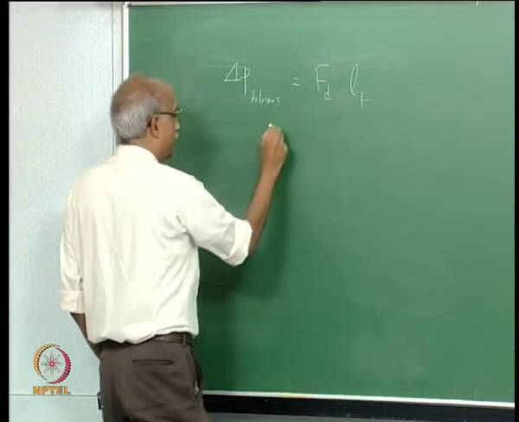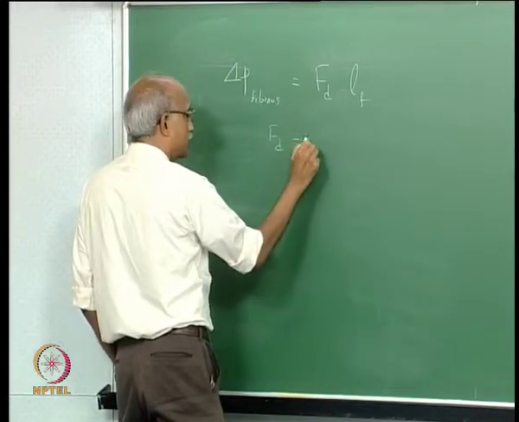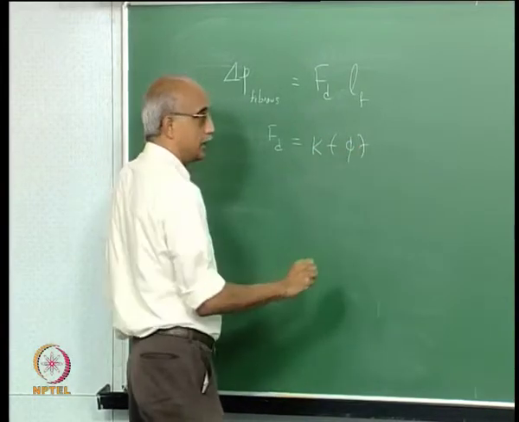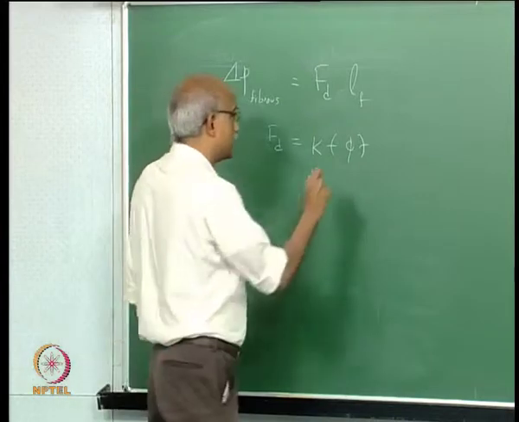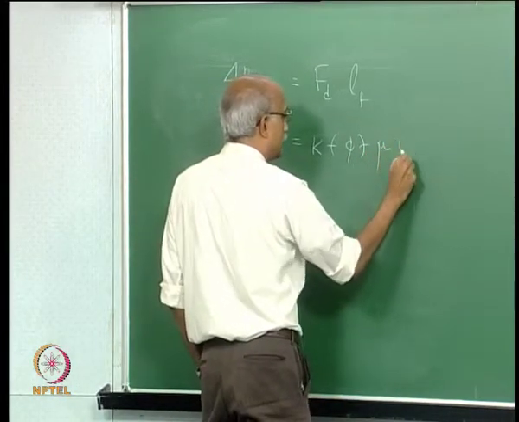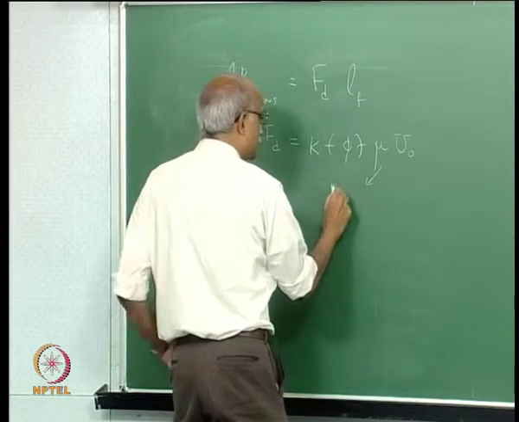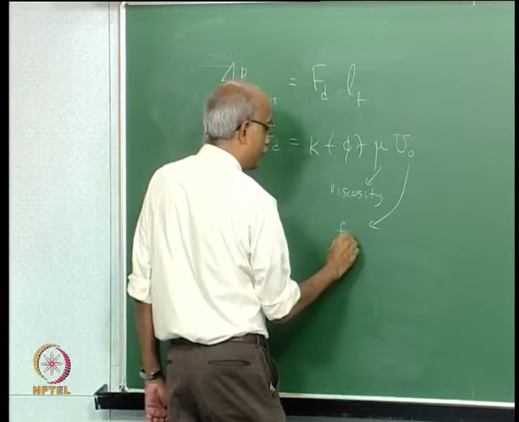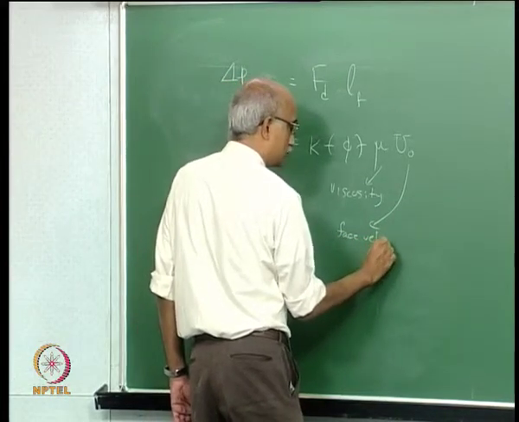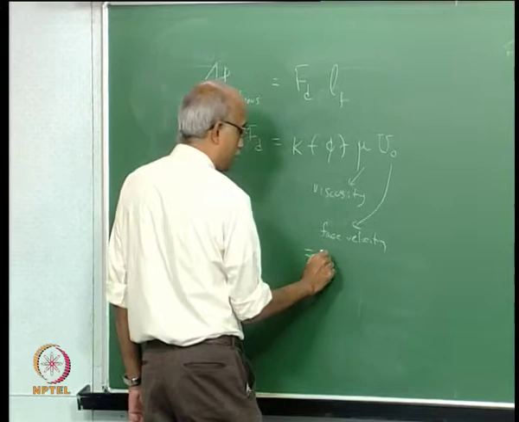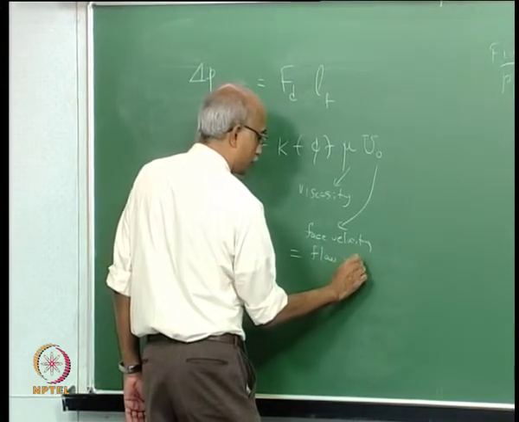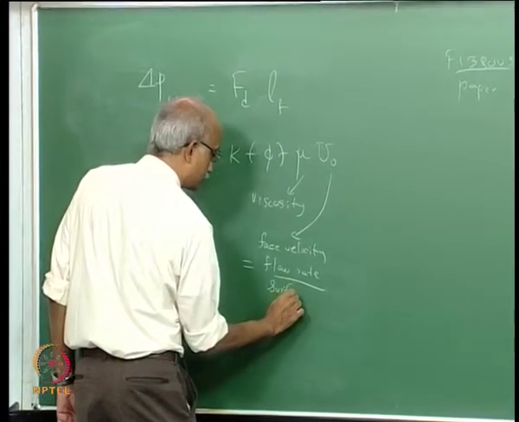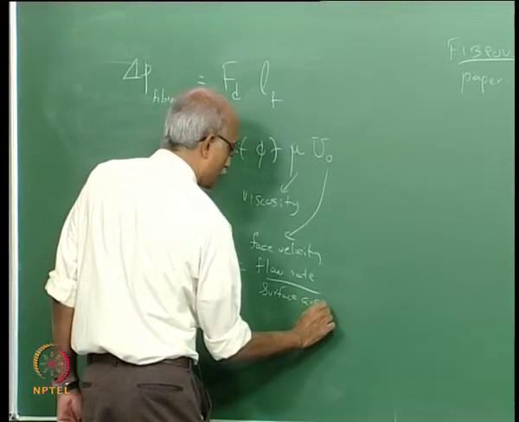Now this parameter Fd, the drag force itself, is some constant which is a function of the volume fraction times mu times u0, where mu is the viscosity of the fluid and u0 is the face velocity, which is defined as flow rate divided by the surface area of the filter.